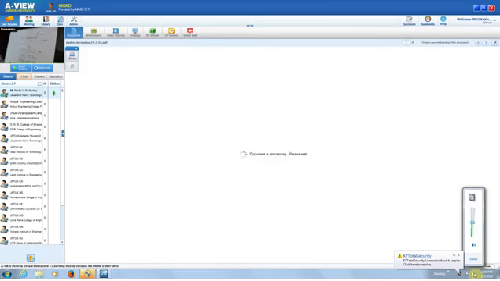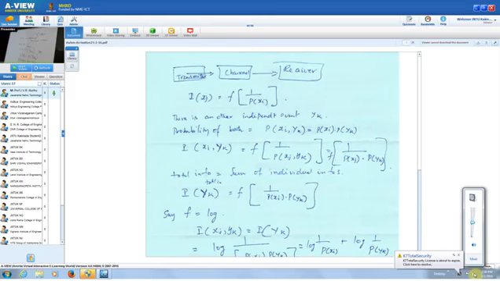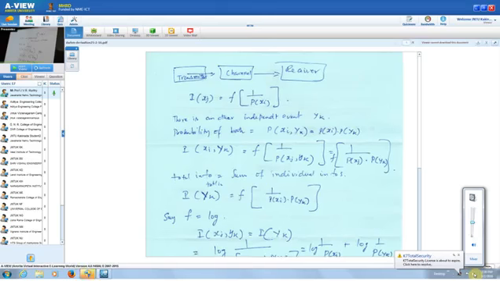Now, if you consider the information, P of xi comma yk is P of xi into P of yk. Please remember that is small yk.